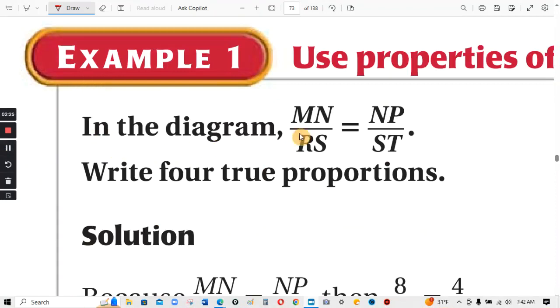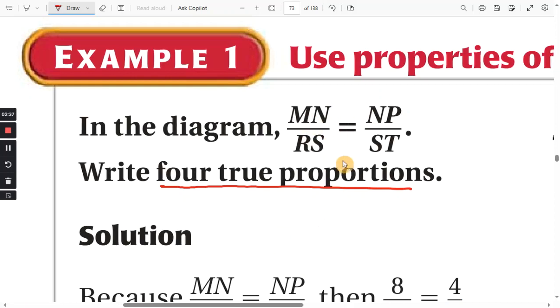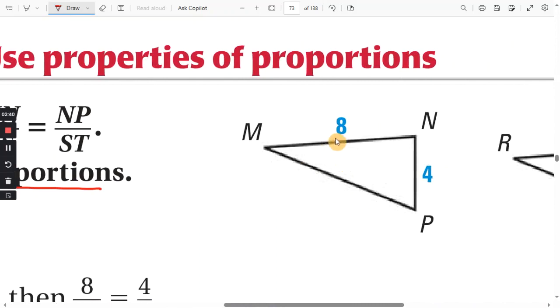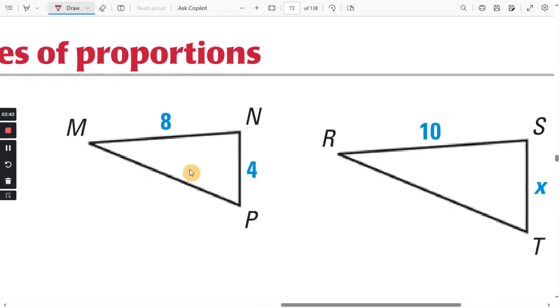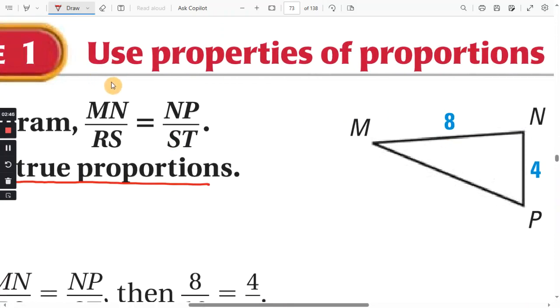Example 1, in the diagram, MN over RS equals NP over ST. Write 4 true proportions. What I'm going to do is look at the diagram and fill in the values here. We have two sets of triangles. We see MN is 8, so I'm going to put an 8 right here.